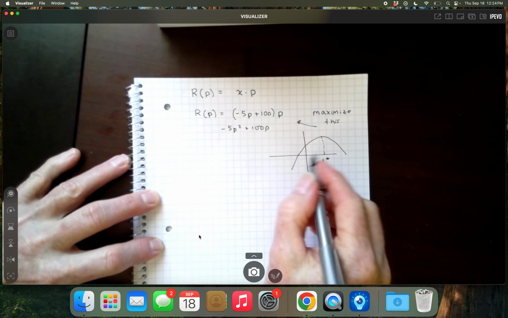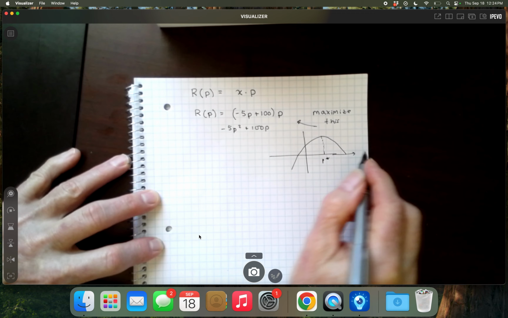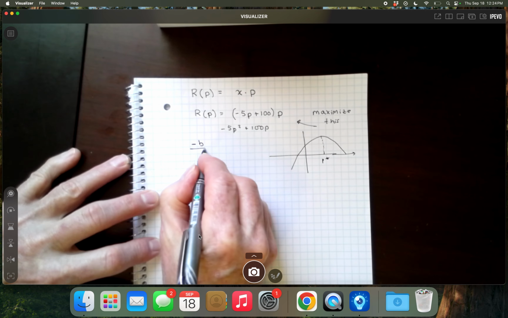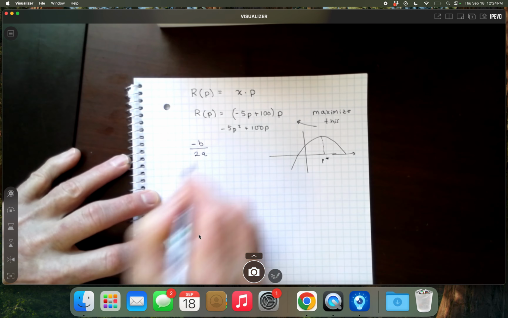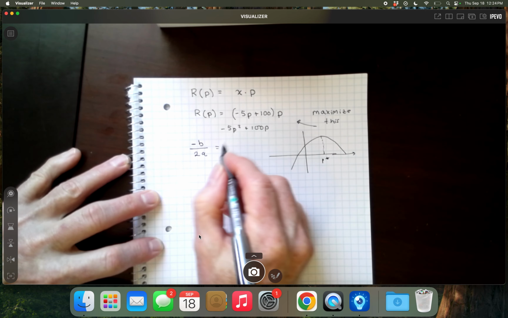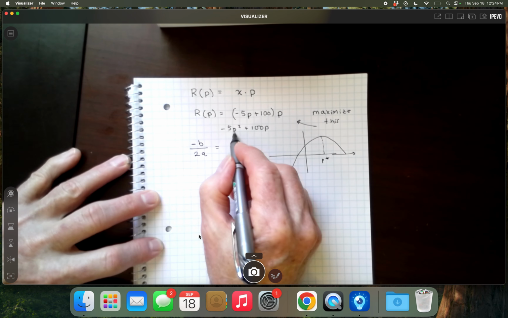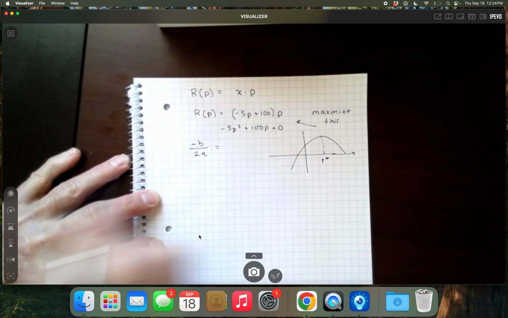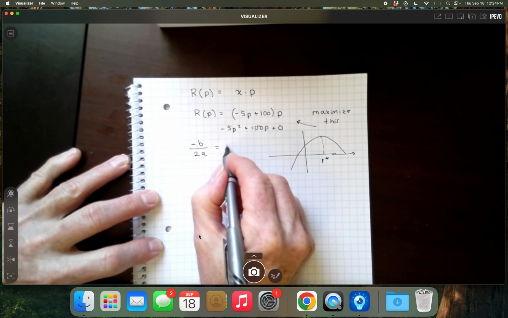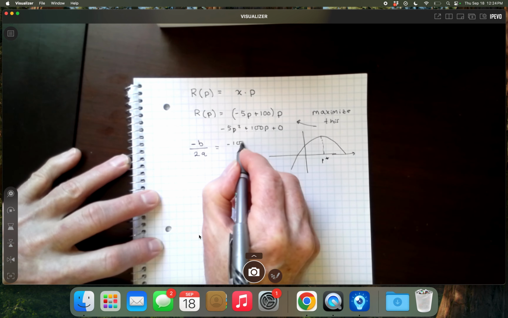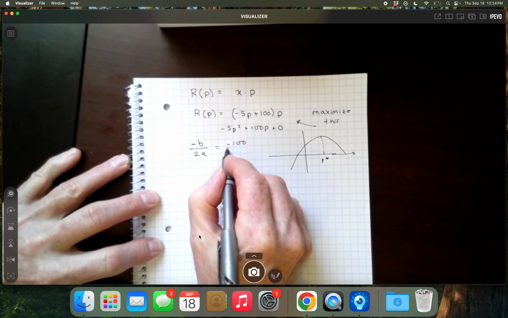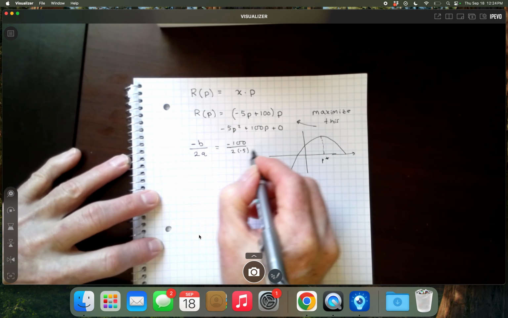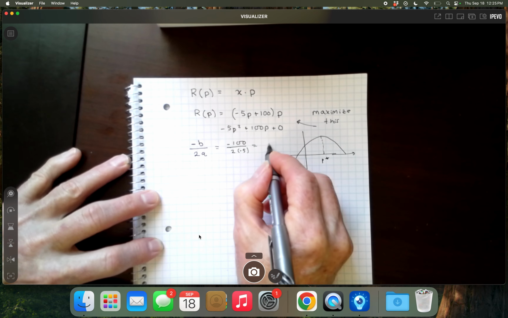Well, the x component of the vertex is given by the opposite of b over 2a. So that's going to be equal to, hey, this is ax squared plus bx plus c, for this problem, c is 0. So the opposite of b is minus 100 over 2 times minus 5. That is equal to 100 over 10, $10.